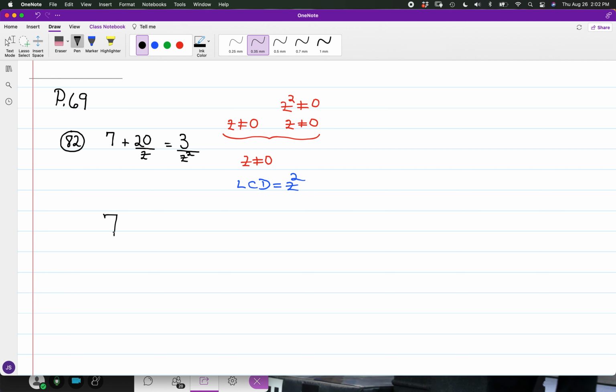So we have 7 times z squared, plus 20 over z multiplied by z squared, again clearing out the fractions, equal to 3 over z squared times z squared.